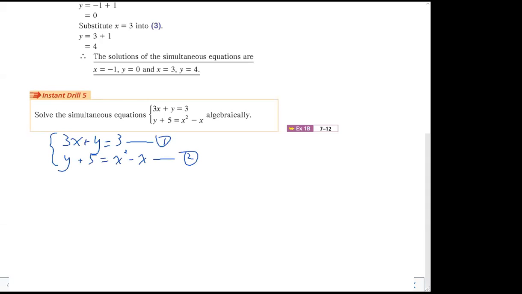Okay, and then we need to start with the one with no square term. So that is equation 1. Equation 1 has no square term. Okay, and then we need to change the subject to either x or y. And there is no subject in equation 1 now, so we need to do this step.